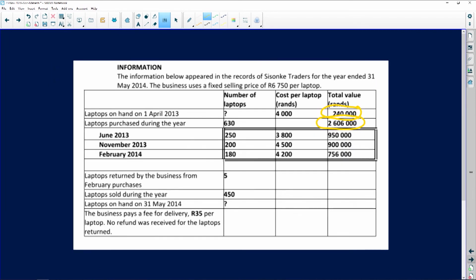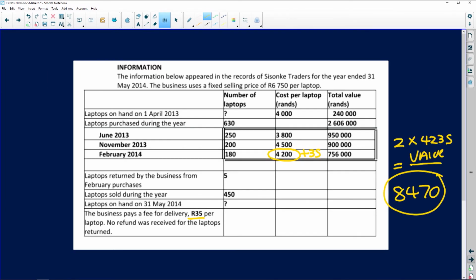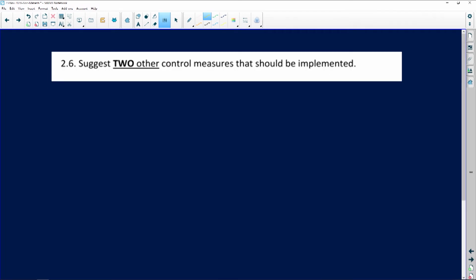Right, now guys, often when we're marking, we find that students always want to recommend put cameras in place that protects your stock. I do agree, but think about it carefully instead of simply writing down place cameras. If you're writing down place cameras, make sure you are specific. So place cameras in the storeroom so that stock can be monitored, or people that go in and out of the storeroom can be monitored.